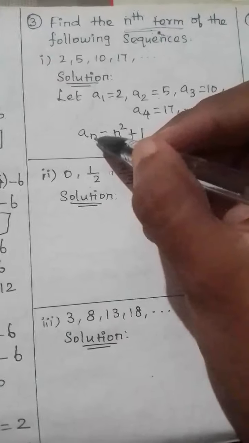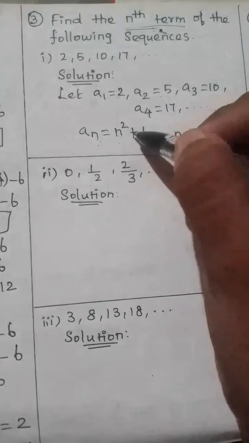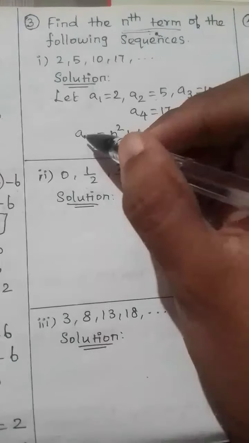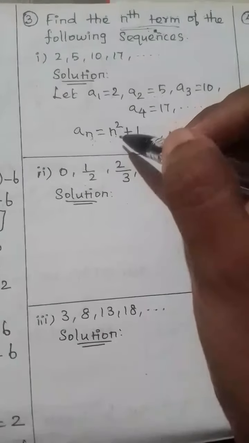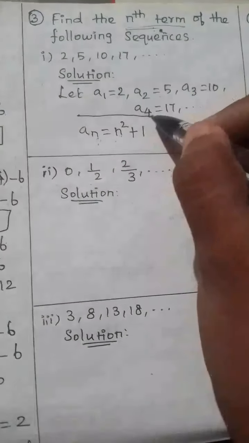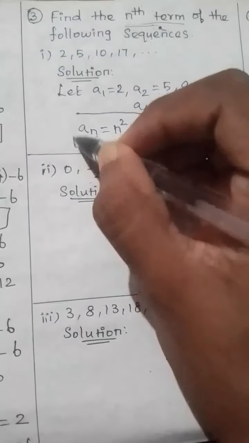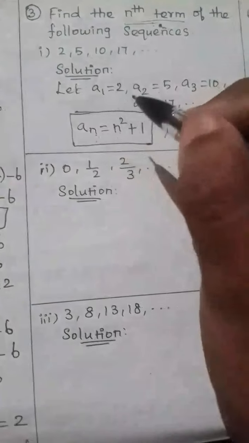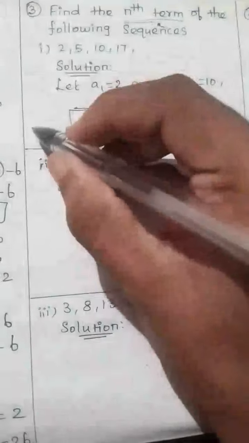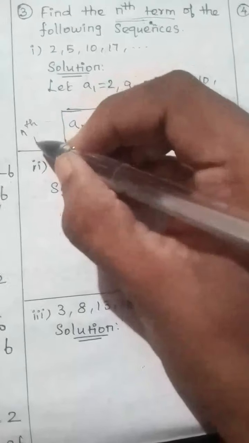Next a3 equal to 3 squared plus 1, that means 9 plus 1, 10. Fourth term a4 equal to 4 squared, 16 plus 1, 17. So the general term, or nth term, is suitable for all the values in the sequence. Therefore the nth term an equal to n squared plus 1.